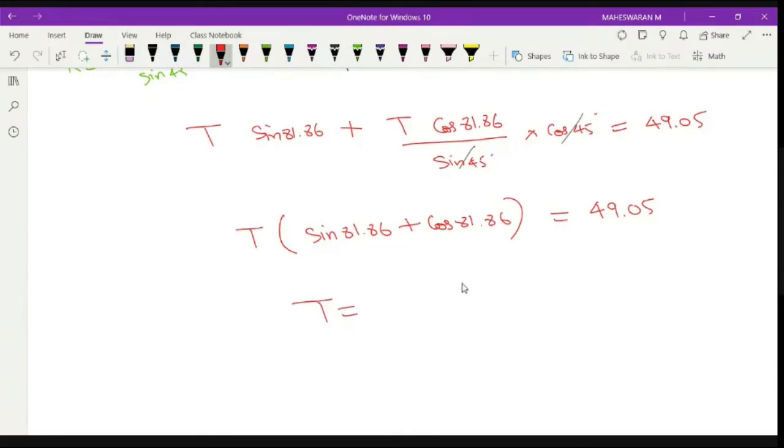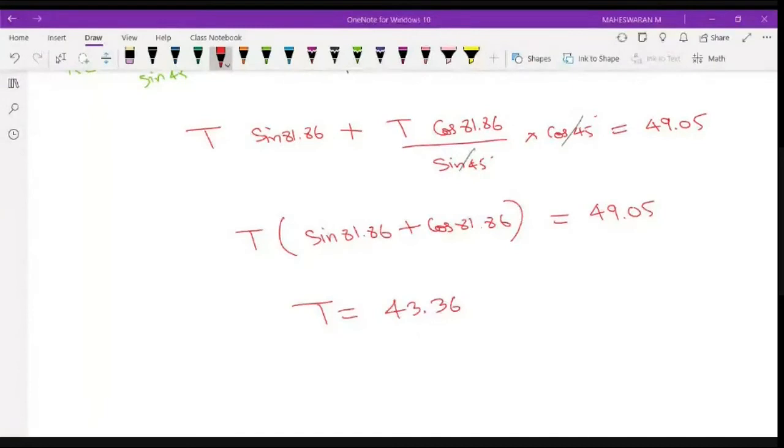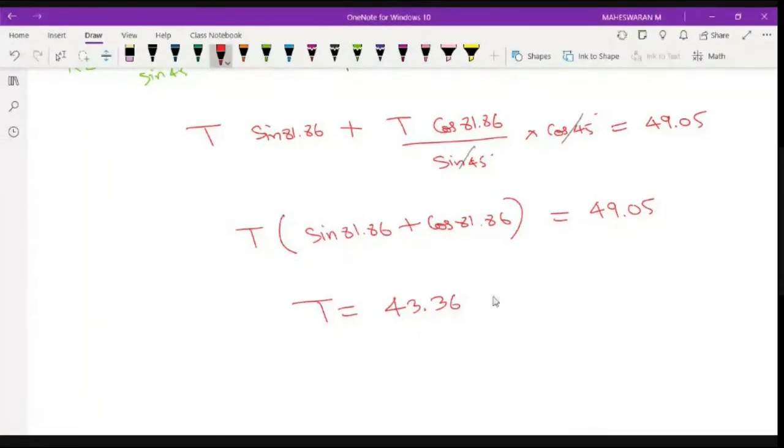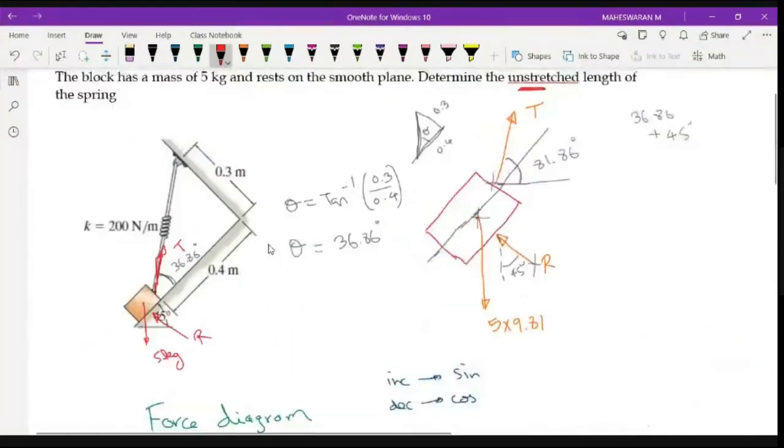Just substitute in a calculator and find out. It is 43.36 Newton, right? So is everyone getting the same answer? This is the maximum force, that is the force which is acting on your spring.